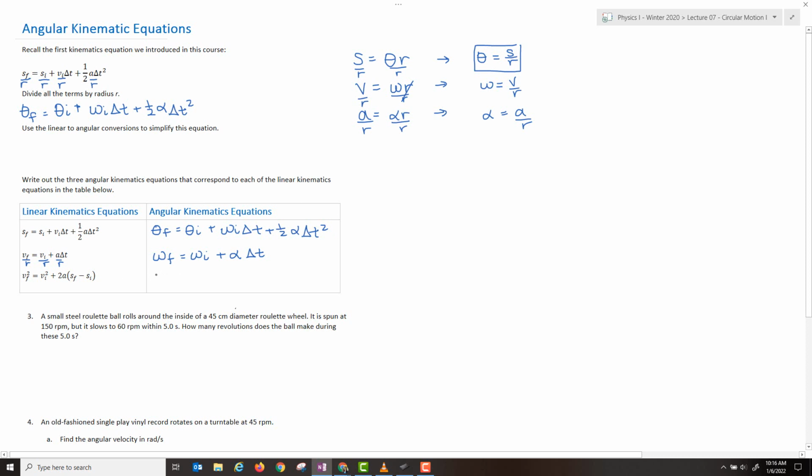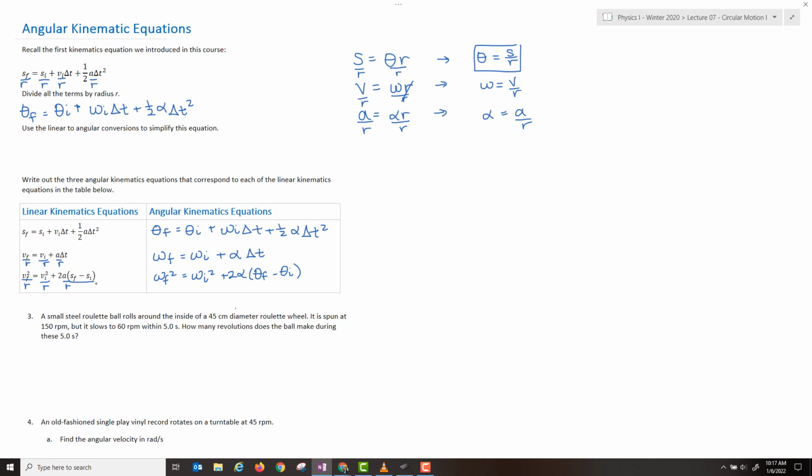So V final squared is omega final squared. V initial squared is omega initial squared, plus 2 alpha, SF minus S initial turns into theta F minus theta initial. Okay, so by simply dividing everything by R, all my variables change.